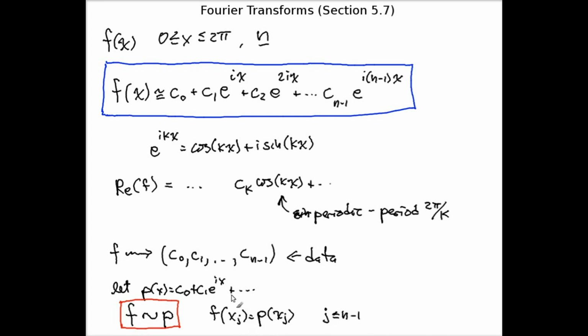So here I said f of x is approximately this function. Well, more precisely, it's equal to this function on all of the points that you're measuring. You can't ask any more than that because we're just measuring the value of the function at this finite number of points. So I want to find these c's so that this function and the given function are equal on these points.